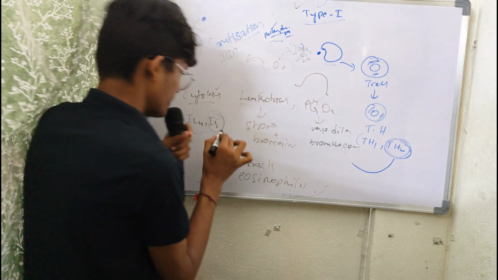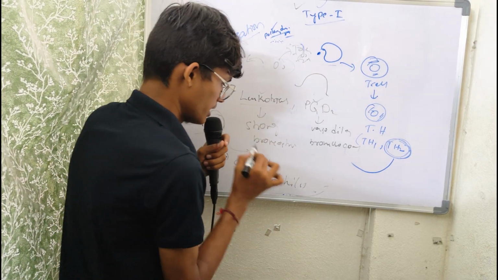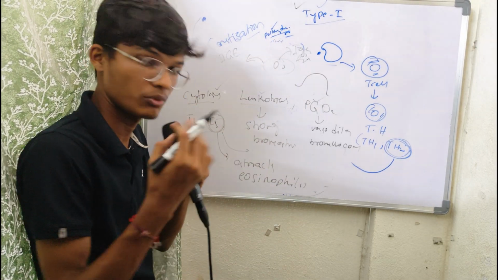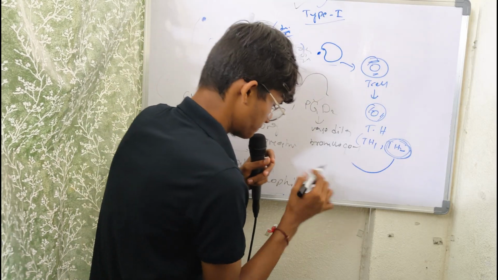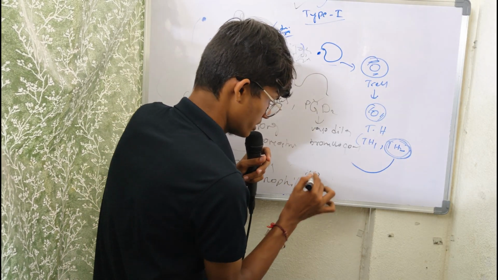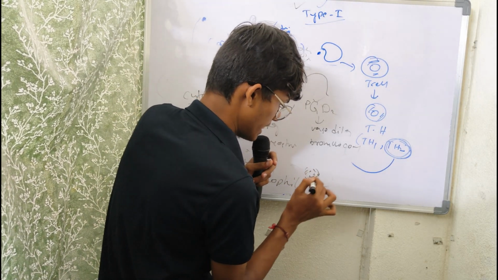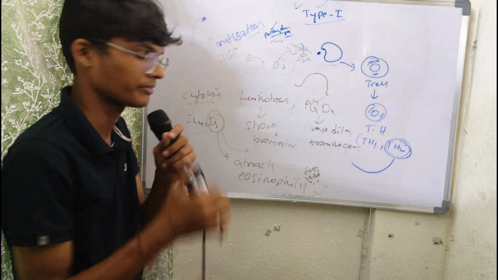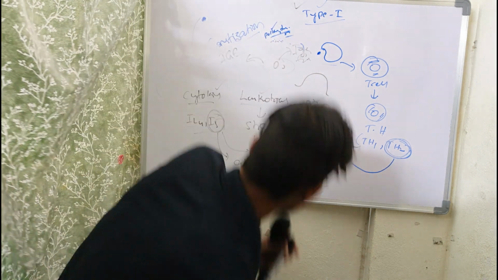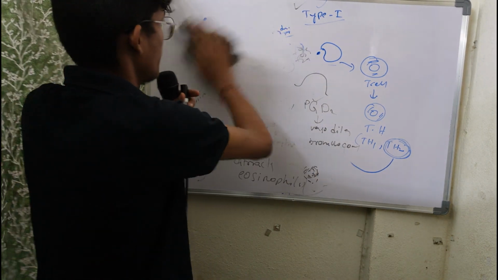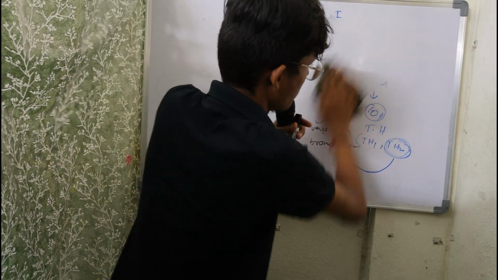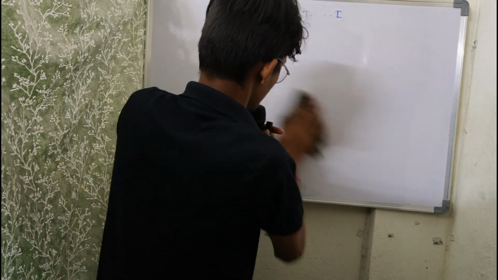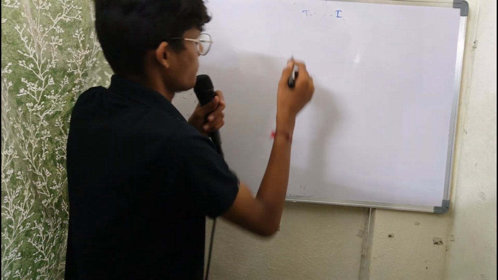So after this interleukin 5 is produced, it will attract more and more eosinophils, and it will cause eosinophilia, more allergic reactions and more inflammation. Okay, this is all about the type 1 hypersensitivity.